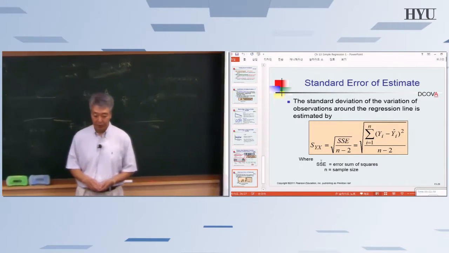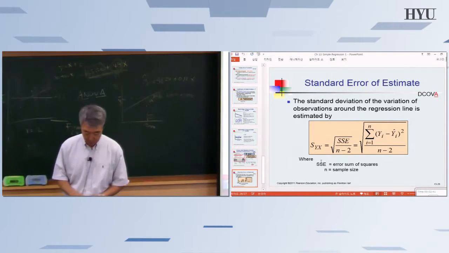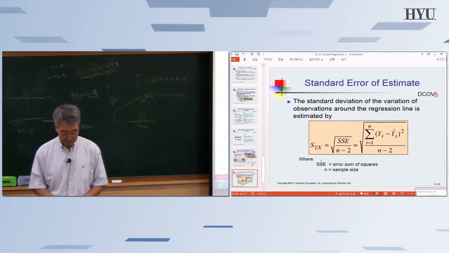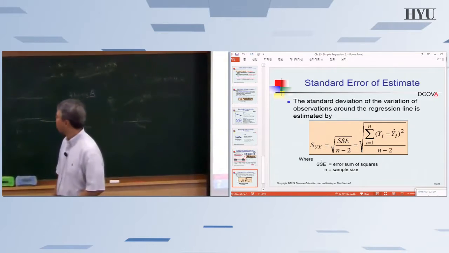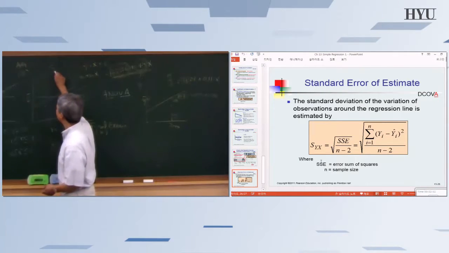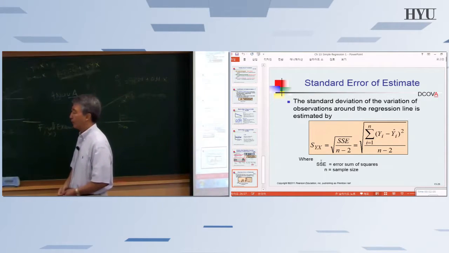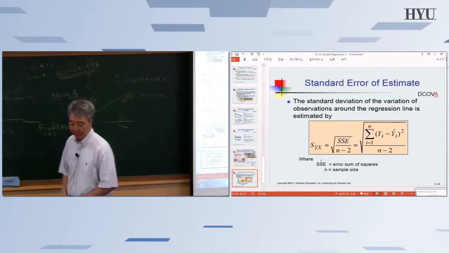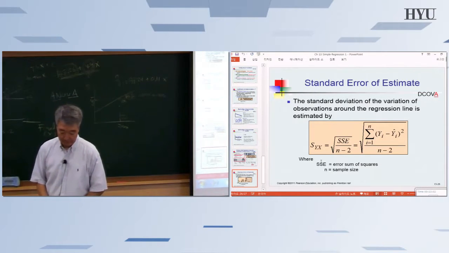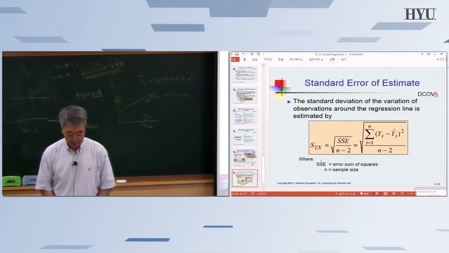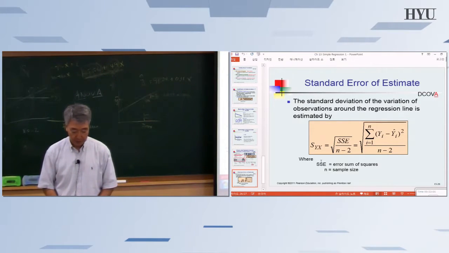But here, standard error of estimate is another measure. We use SYX in this textbook. In most other textbooks, they call it S epsilon, standard error of estimate. And this measures the variation of observations around the regression line.